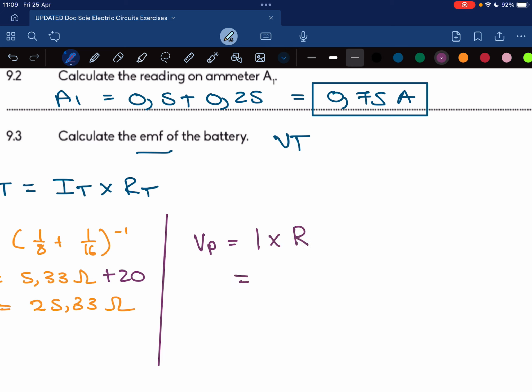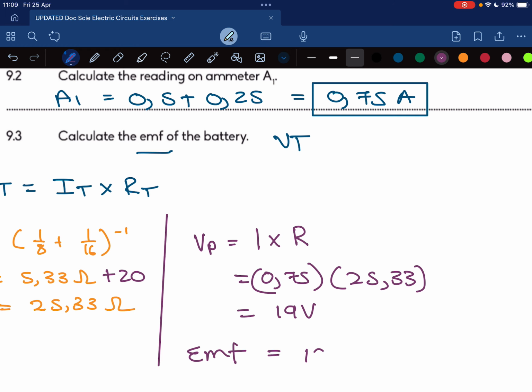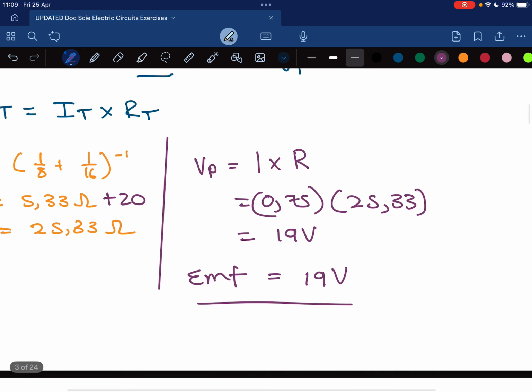I know the current to be 0.75 and the resistance I just found to be 25.33, so that gives me a total of 19 volts. So the EMF is 19 volts.